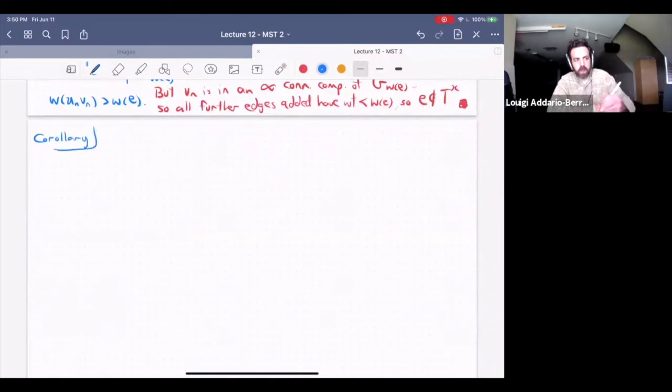But now we can use that to get a condition for when these two definitions are equal. So we'll say that a locally finite graph has unique infinite components.